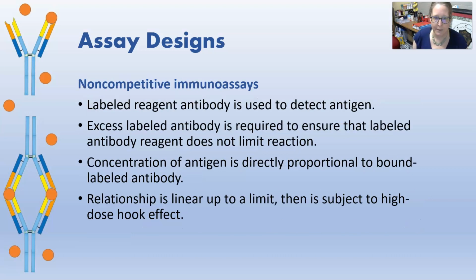In non-competitive immunoassays, the labeled reagent antibody is used to detect the antigen. Excess labeled antibody is required to ensure that the labeled antibody reagent does not limit the reaction. The concentration of the antigen is directly proportional to the amount of bound labeled antibody, and the relationship is linear up to a limit, and then it's subject to the high dose hook effect.